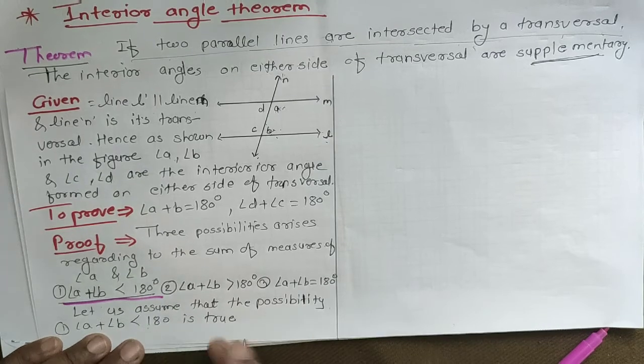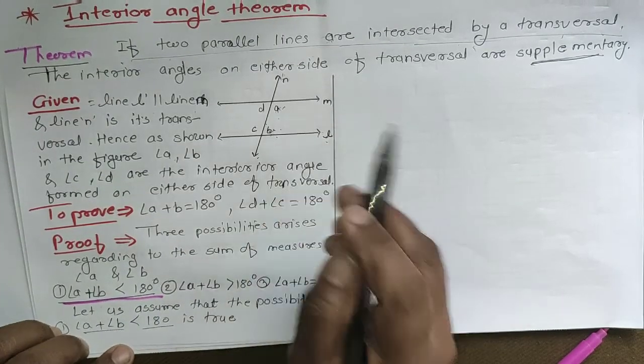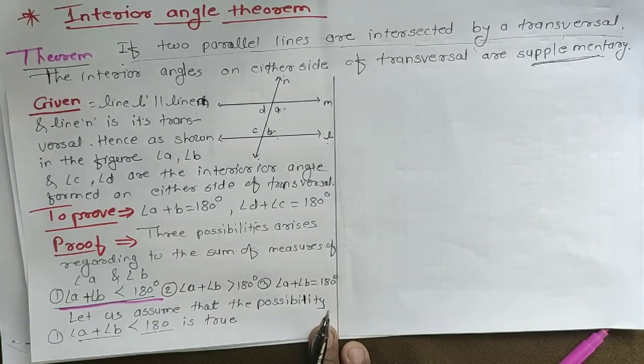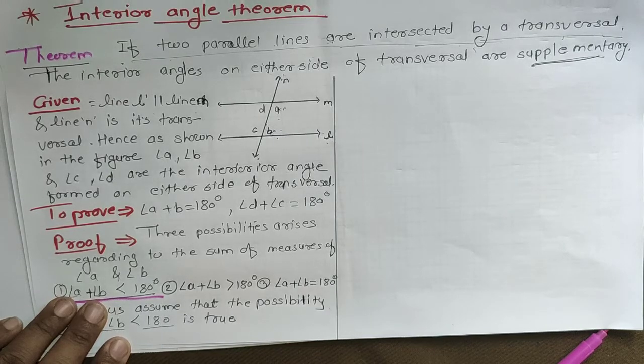Now if it is true, then according to Euclid's postulate, if L and M are produced, they will intersect each other on the side of a transversal where A and B are formed.